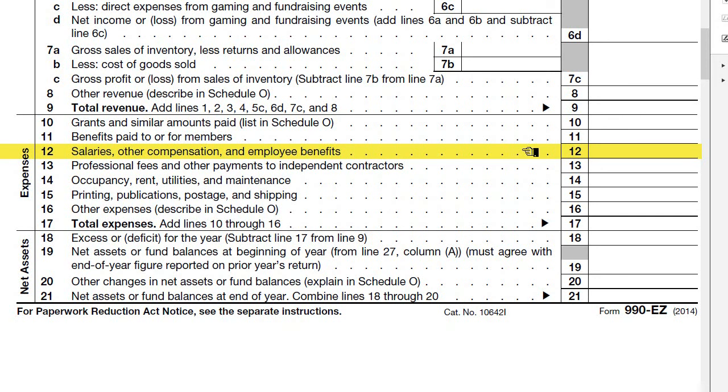And so this is a good point to remind you that if you're a small organization, and if you're paying an officer or director, say, $1,000 or something like that for the year to come to director meetings and to offset their expenses and give them some incentive to participate, that's going to be reported on a 1099 miscellaneous.